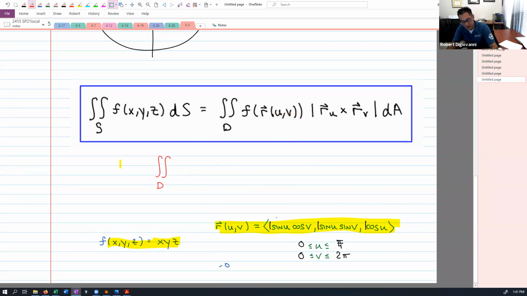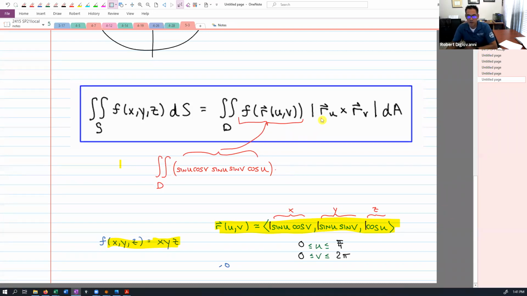That means I'm going to replace x with that, y with that, and z with that. So it's just going to be x times y times z. So it's this times this times this. That sucks. Okay, so let's do it. It's sine u cosine v, sine u sine v, cosine u. Okay, that right there is that, right?